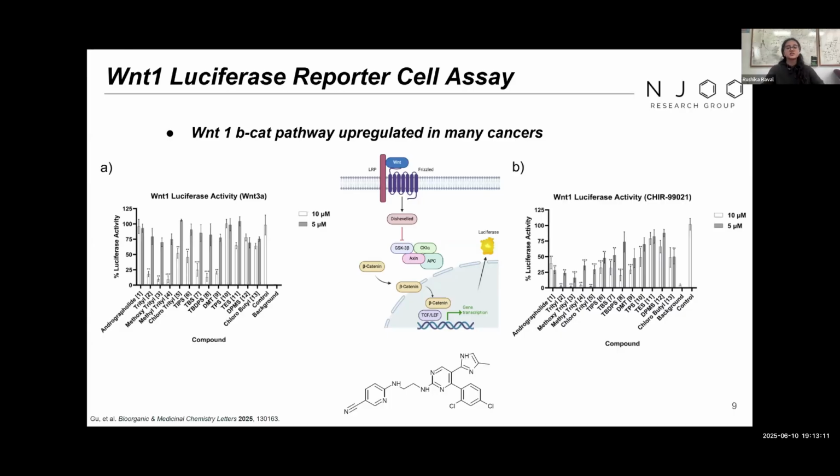And that was done to activate the luciferase expression, essentially. And so what is consistent within both experiments is that the trityl ether analogs exhibited a potent inhibition of luciferase expression.